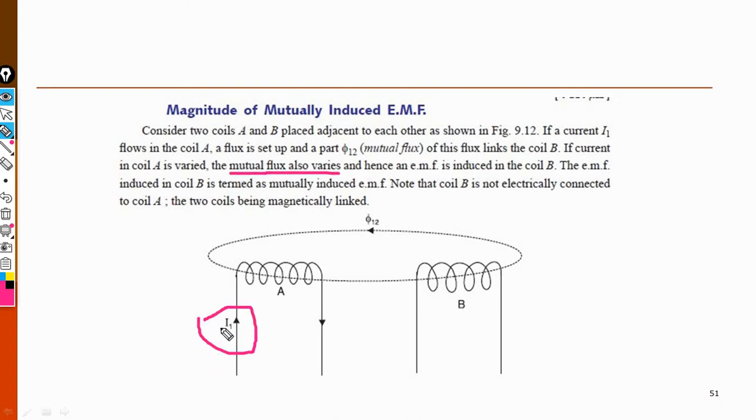That means as current I1 increases, the flux increases, and EMF gets induced in coil B.